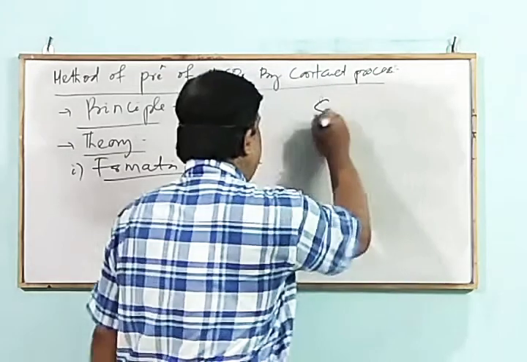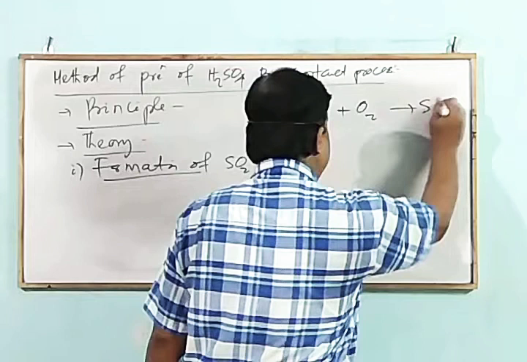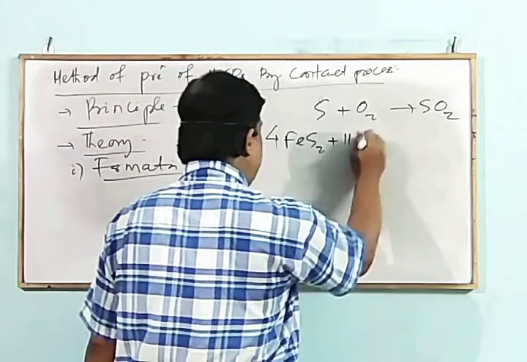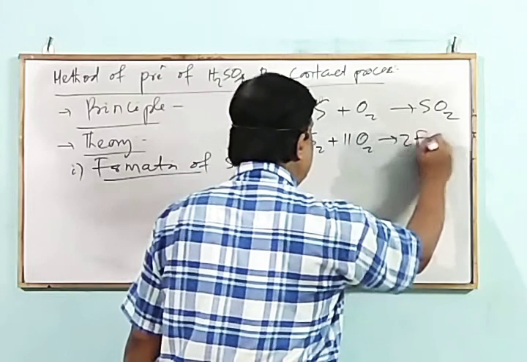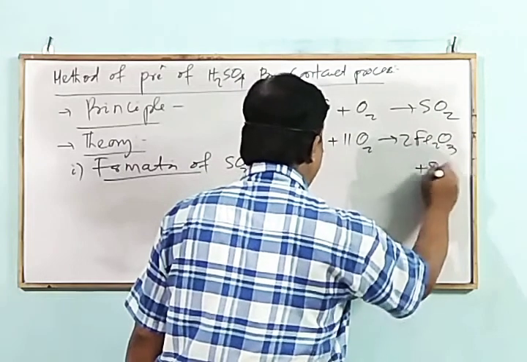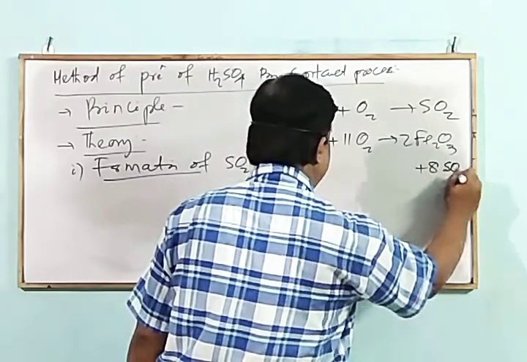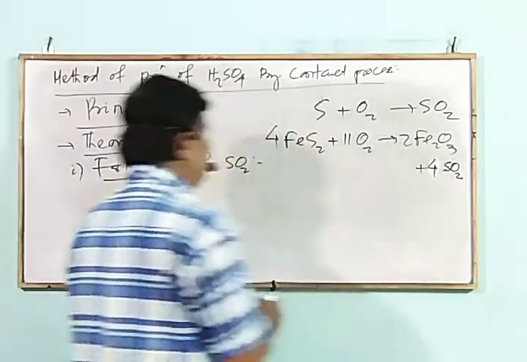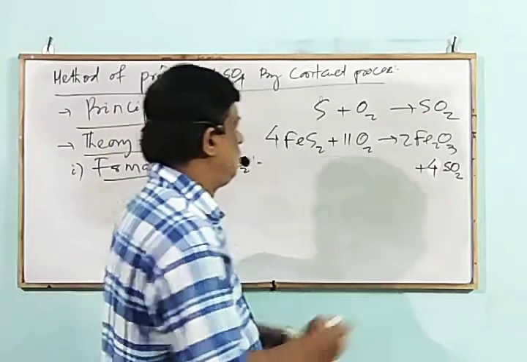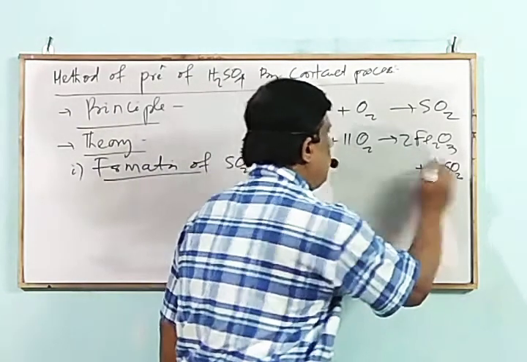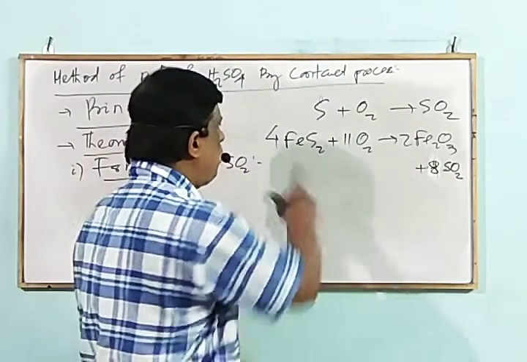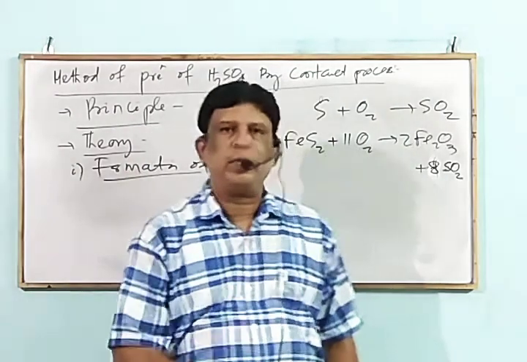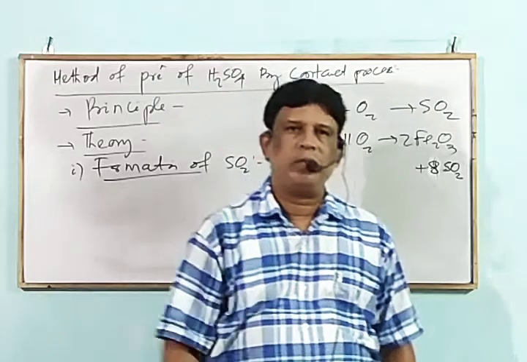Means S plus O2 gives rise to SO2, or 4FeS2 plus 11O2 gives rise to 2Fe2O3 plus 8SO2. Either burning of sulfur or roasting of iron pyrite. In this way, in the first step, sulfur dioxide is formed.